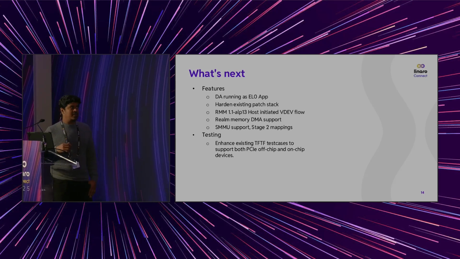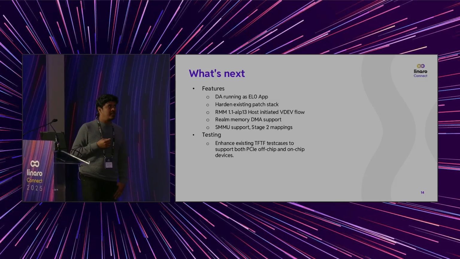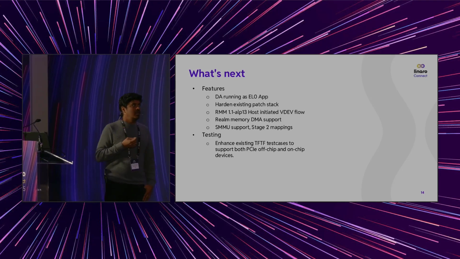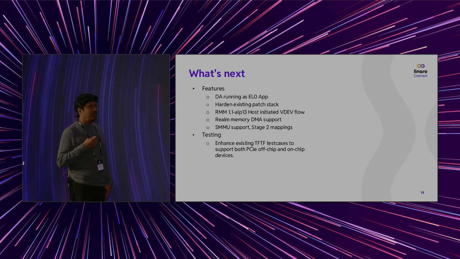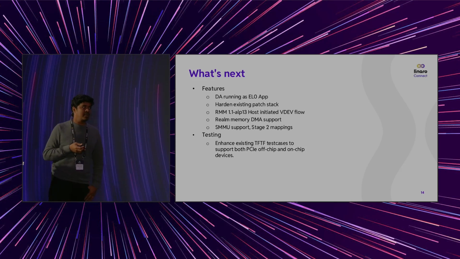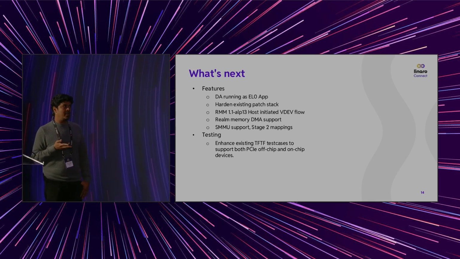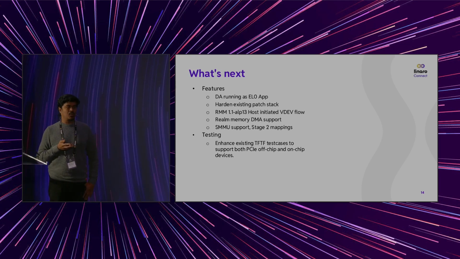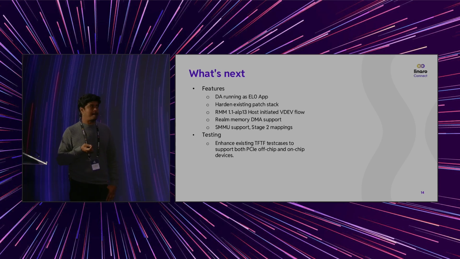And here is what is next when it comes to features. The immediate thing planned is to harden the existing stack, and also to align with RMM specification alpha 13, which has the host initiated VDOV flow.